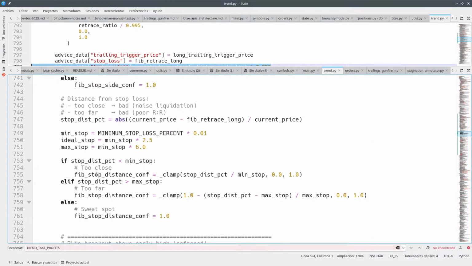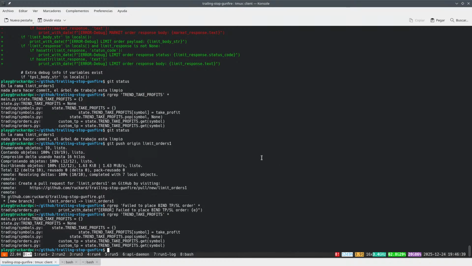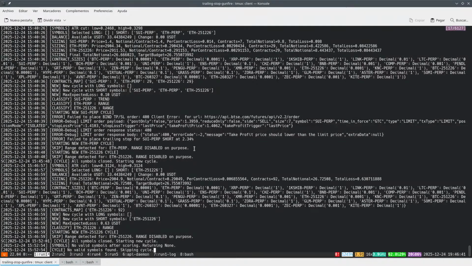I mean, we have the minimum stop distance, so you would think that the stop loss is okay, but we have seen here. Yeah, what the hell we have seen here?